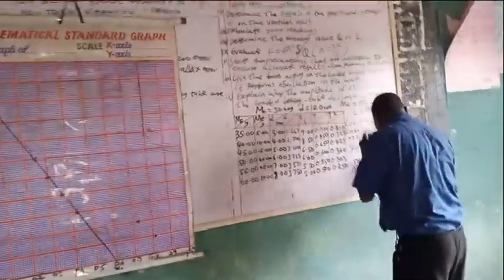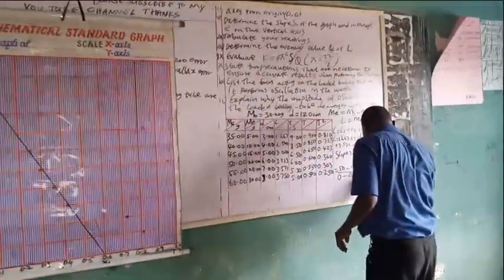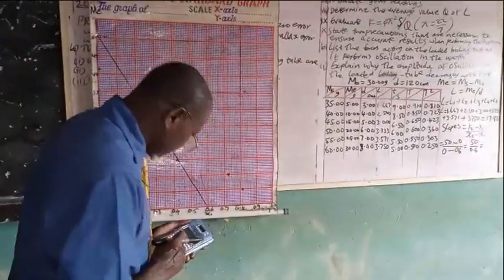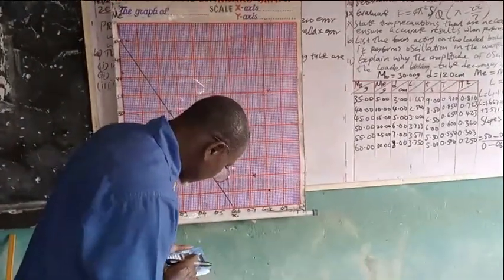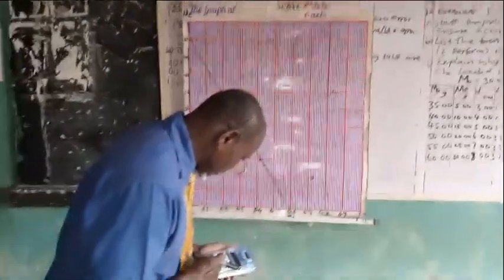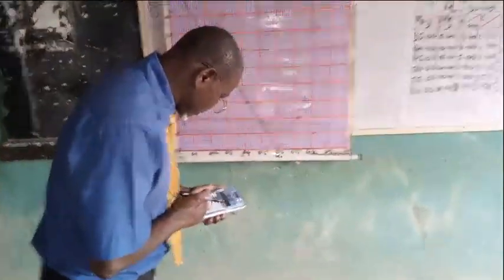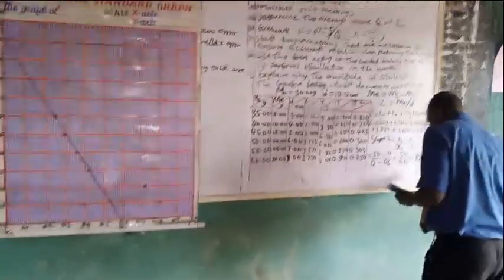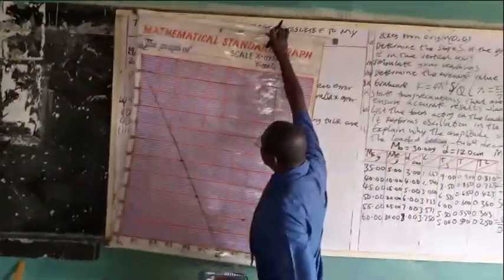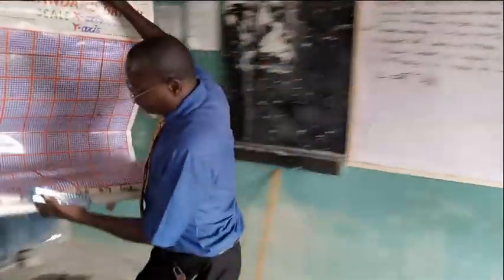This one will give us 50 all over 0.6, which is equal to 50 divided by 0.6 is equal to 83.3.